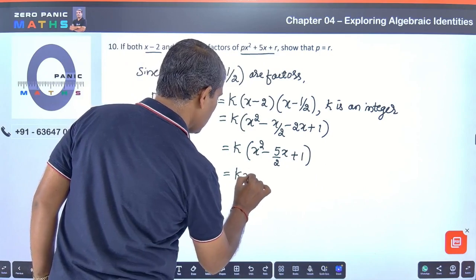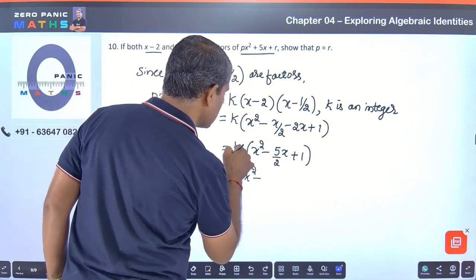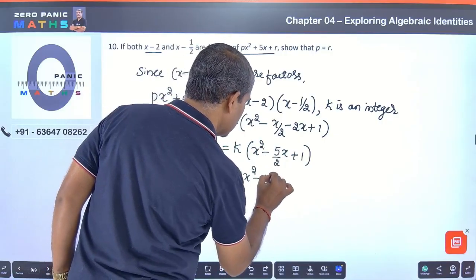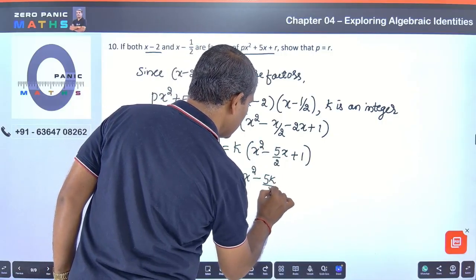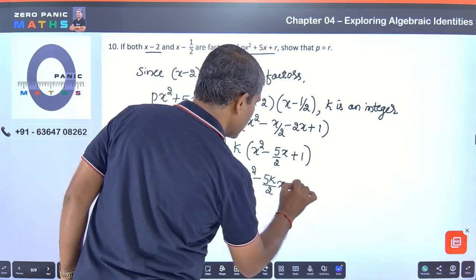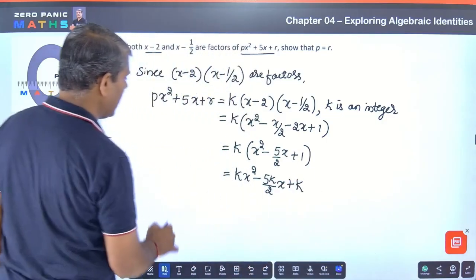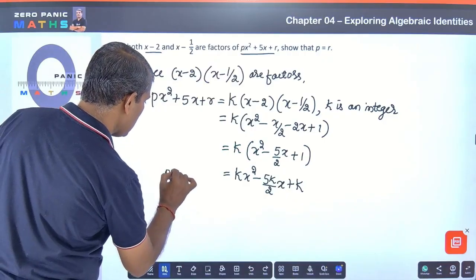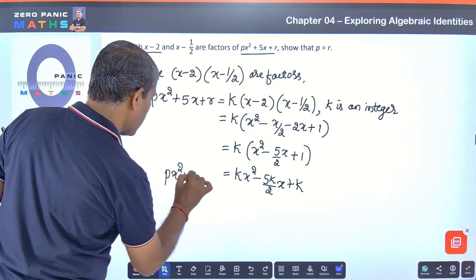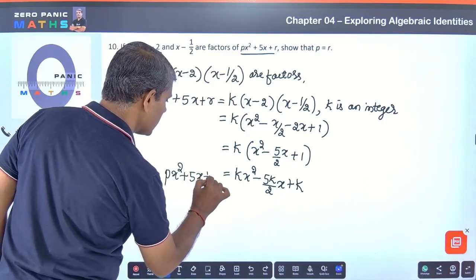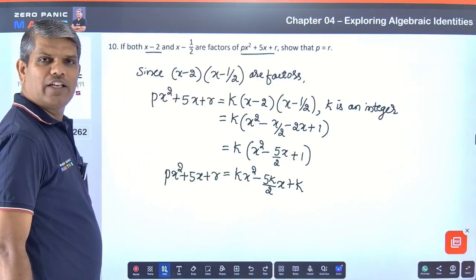It is kx square minus 5k divided by 2 x plus k, and that is equal to px square plus 5x plus r. You got my point.